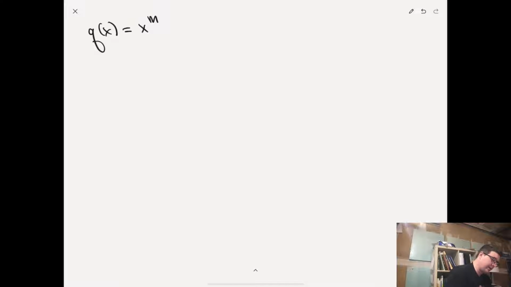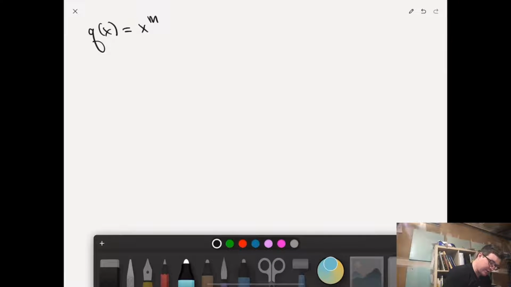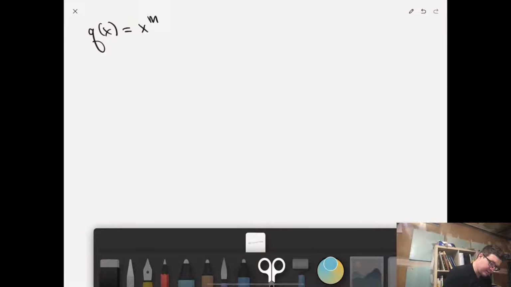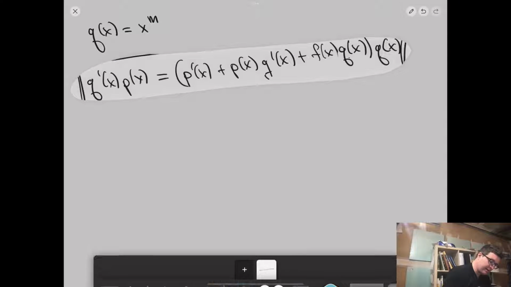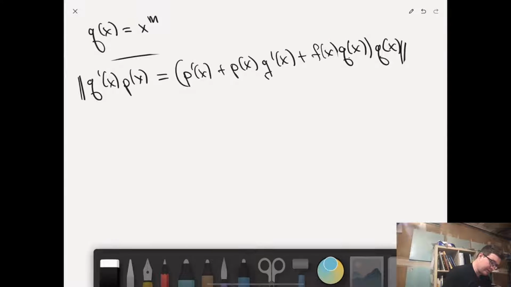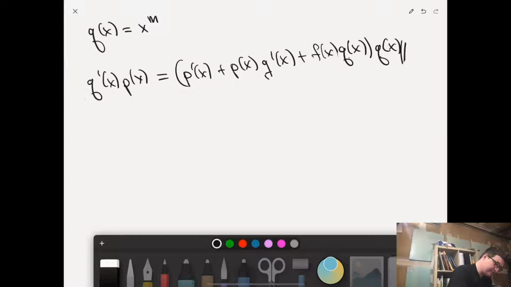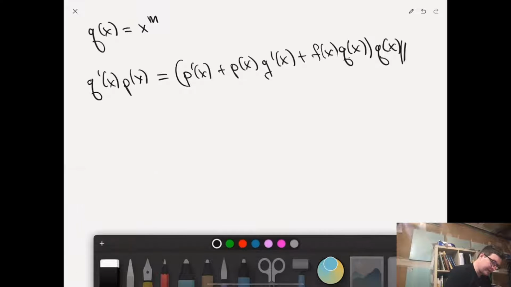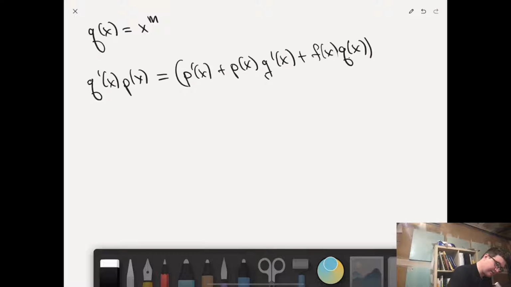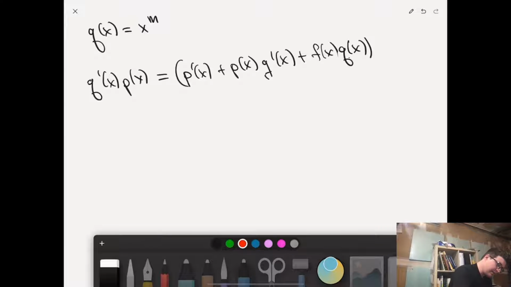All right, and so what does this equation become? Do I have the equation? Ooh. Very nice. Okay, so we have this equation, and I'm just going to replace some pieces here. So this piece here, I'm using this formula.